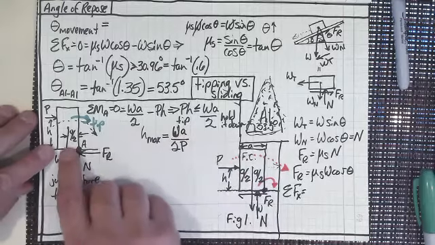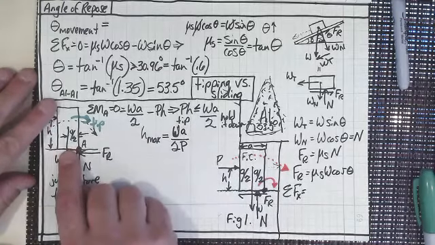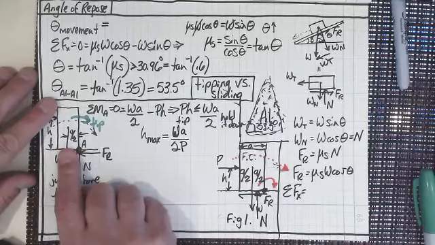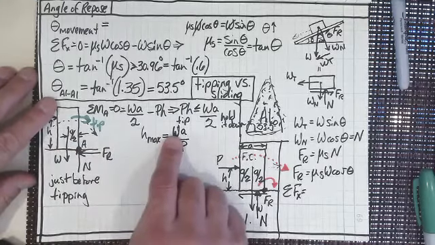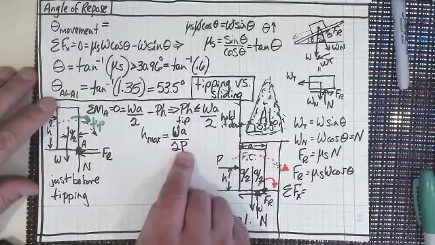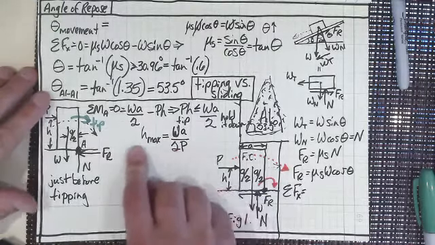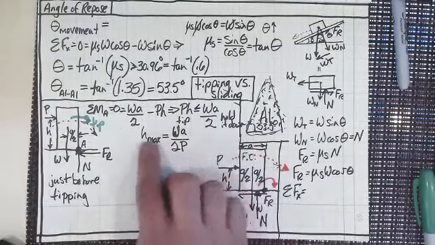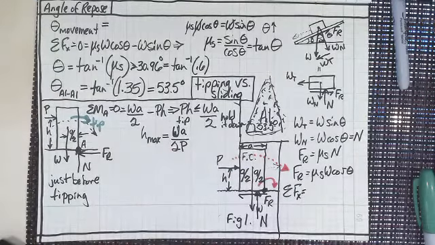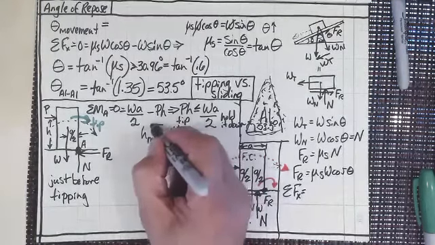Also, if this was filled with gold bricks, then the weight would be super high, and I could use those. But anyway, I'll let you look at that, and that is the equation that allows you to decide.